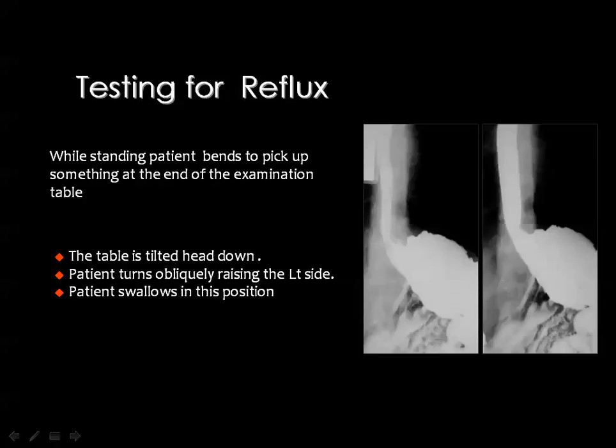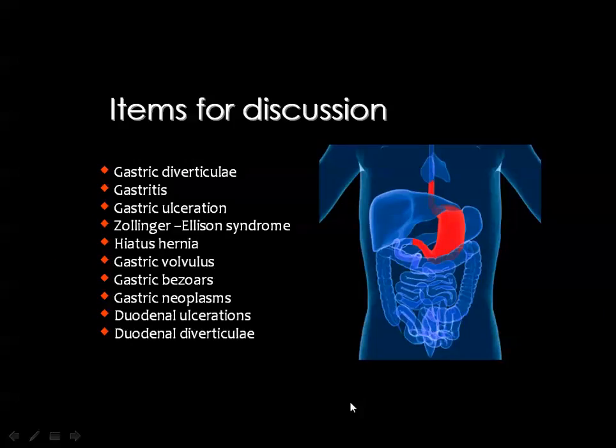And we have discussed in detail the issue of GERD, or gastroesophageal reflux disease, and how to diagnose this disease and the complications expected from the long-standing gastroesophageal reflux. Now, in the sector of the stomach, we would like to discuss the issue of gastric diverticulitis, the types of gastritis and gastric ulcerations.